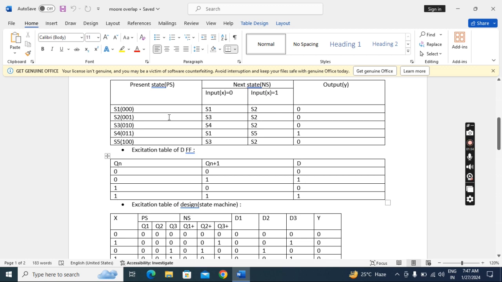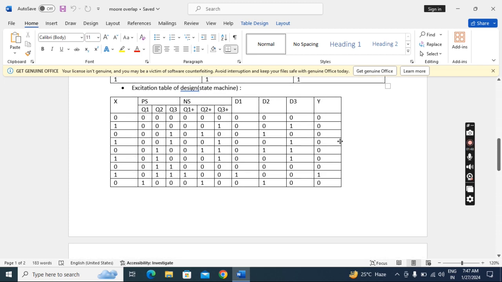Based on the number of bits of each state, we decide the number of flip-flops. That's why I took 3 flip-flops, and I named them D1, D2, D3. You can name them D0, D1, D2 also, no problem. And the output Y we took in the state table, that I took here.